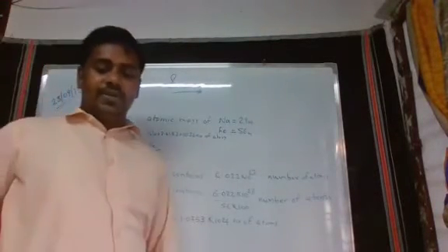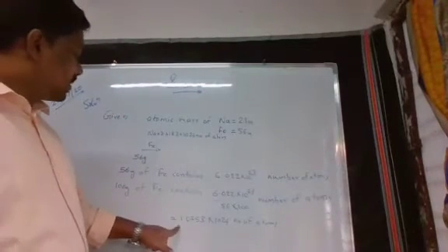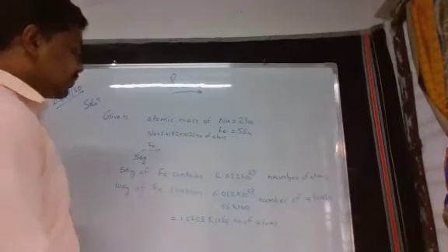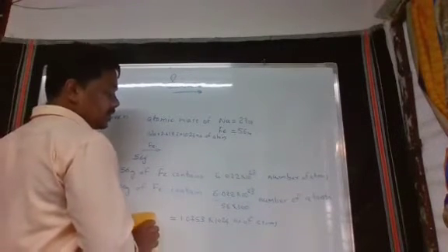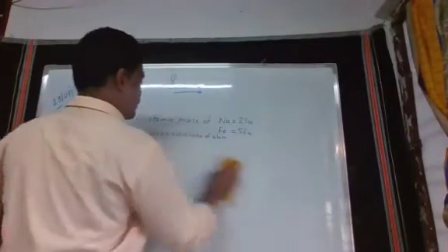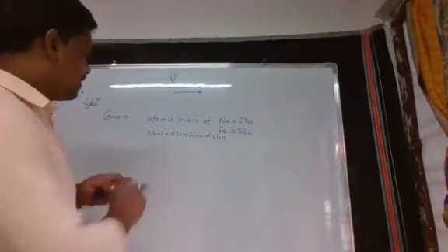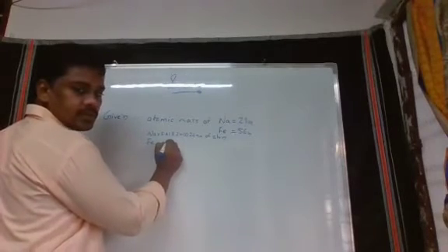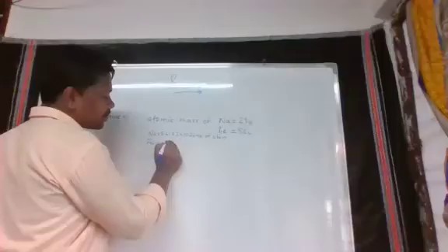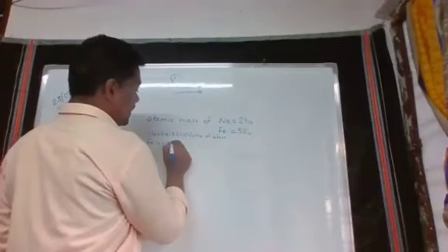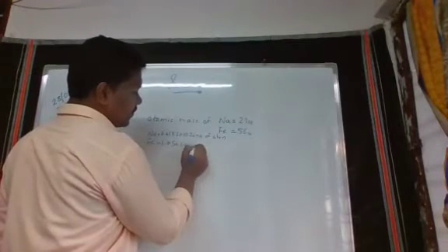So, which is having more? Here 1.0753 and here 2.6182 into 10 raised to 24. Which is having more?